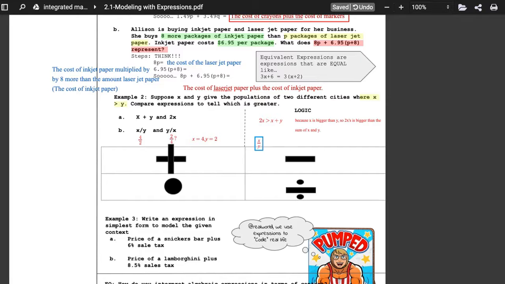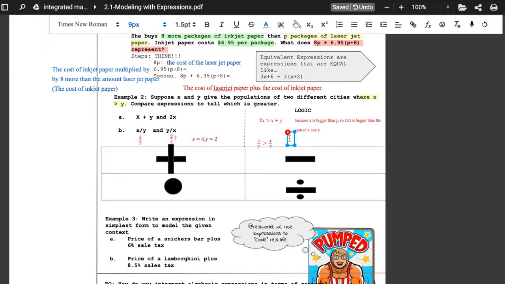We're just going to say x over y is going to be bigger than y over x. And formally, this is because x is bigger than y, so x divided by y is always going to be bigger than 1.